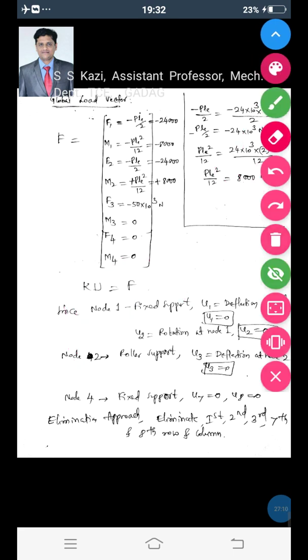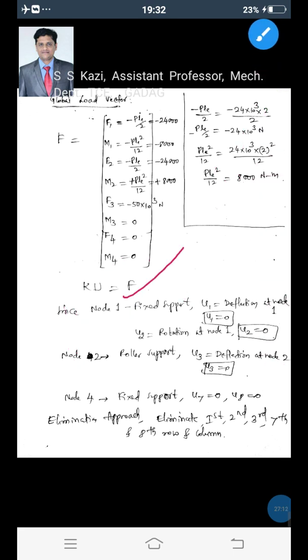Since node 1 is provided with fixed support, deflection is 0 as well as rotation is 0 at node 1. That means U1, the deflection at node 1, is 0. U2, the rotation at node 1, is also 0. For the fixed support, rotation and deflection both are 0. U1, U2, 0 I will write here.